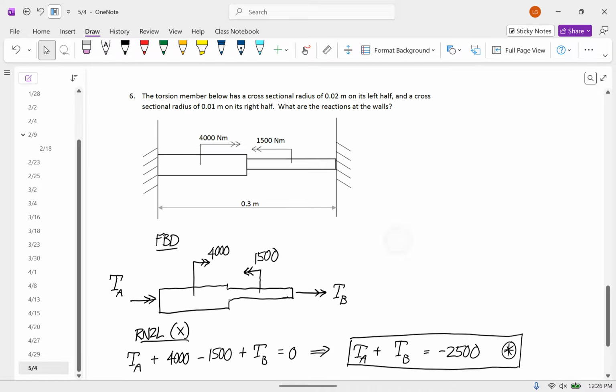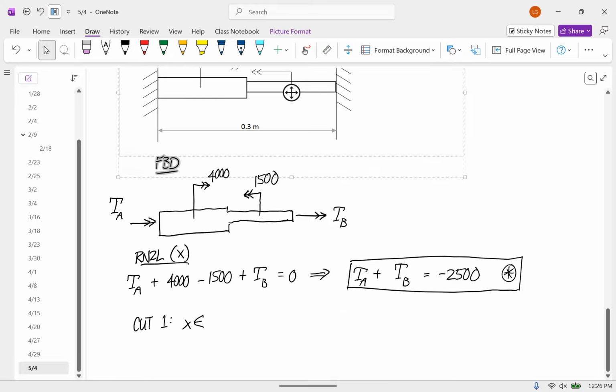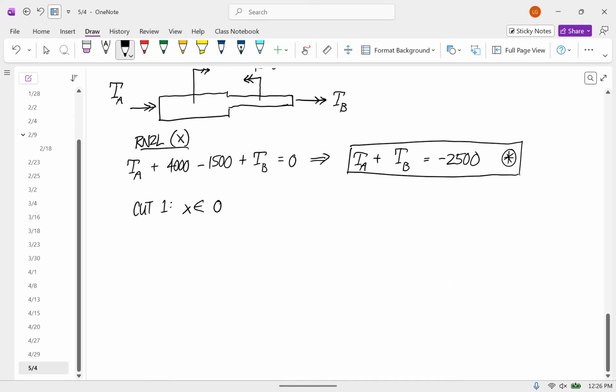So this is 0.3 meters. So the midpoint is 0.15. So the 4,000 is at 0.075. So our first cut is going to be valid for 0 to 0.075.